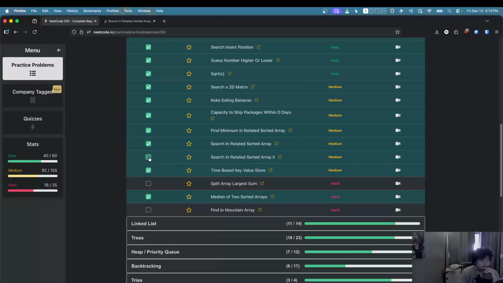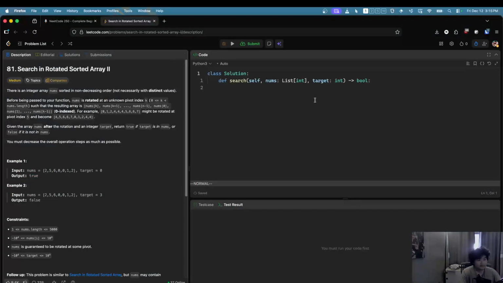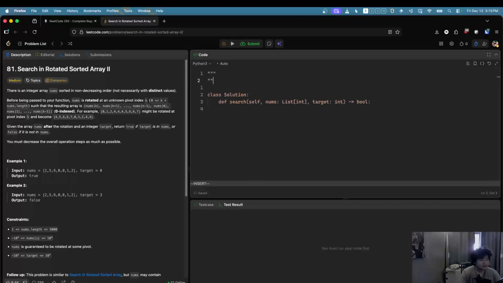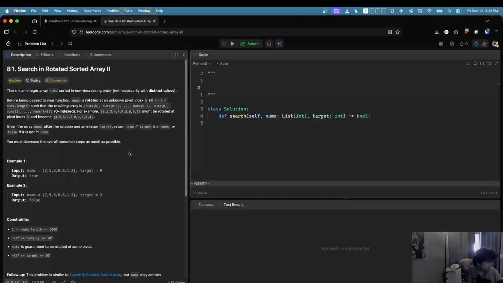Okay, hold on. I've done this one before, but it's been a while, so I don't know if I remember the solution. I think the first one is basically there's some pivot and then you have to do a binary search.